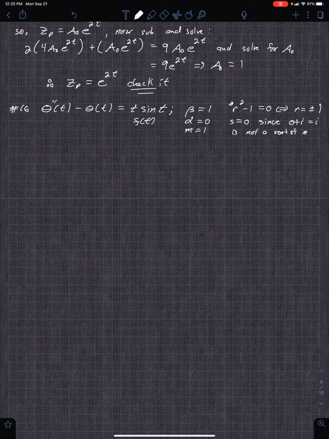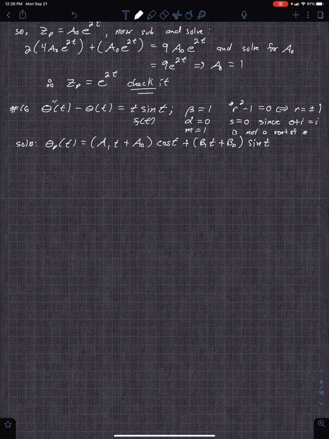So that means that the solution is theta particular of t equal to, now you write out that polynomial, which is a1 t plus a naught cosine t plus b1 t plus b naught sine t, just substituting in to that solution.